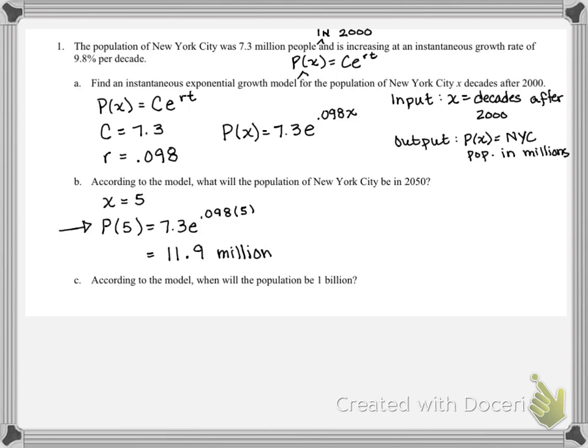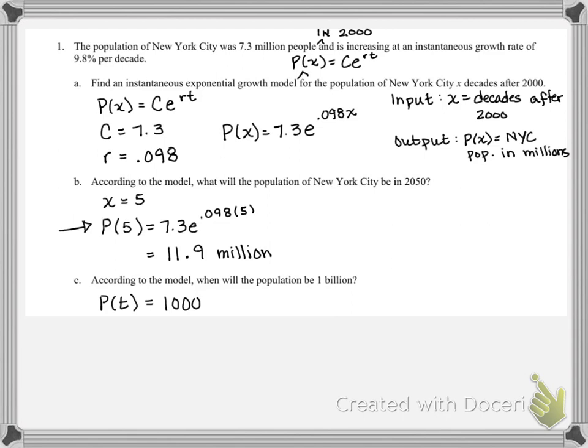And then according to the model, we want to know when the population is going to be 1 billion. So if we're given the population, we're given the output, how many million is a billion? 1,000, good. One way to think about that is that you're adding another comma when you go from million to billion, so that's 3 zeros.